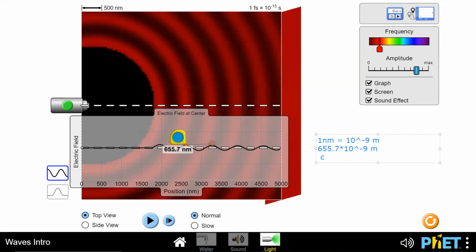Okay, and then what is velocity? Velocity of light is denoted by c and given by frequency multiplied by wavelength. So for the wavelength, you can use this value, and the frequency you will get from Google.